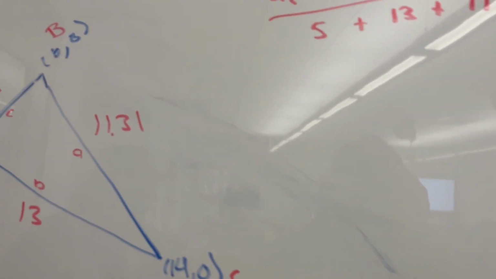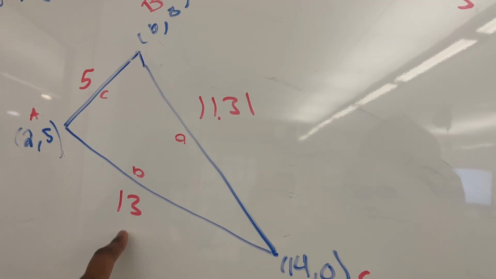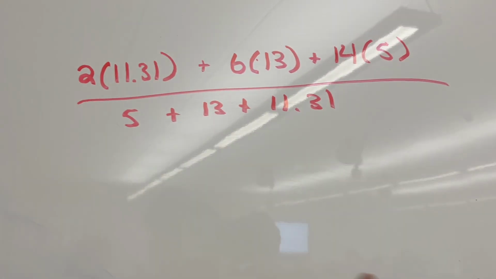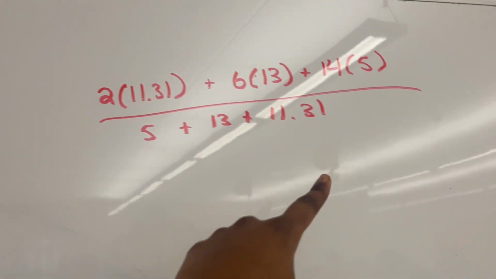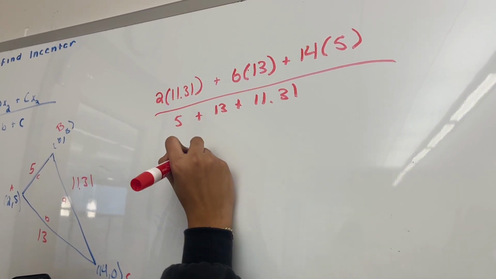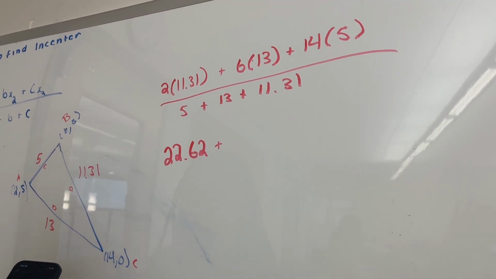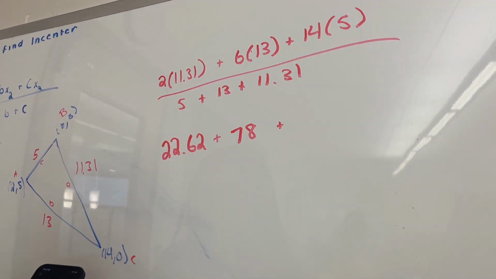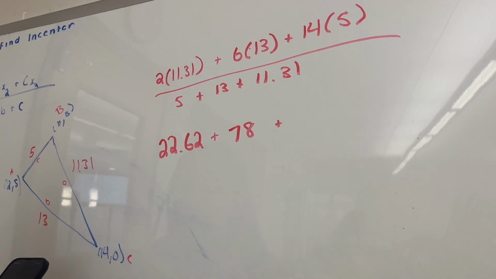Once again, these are the side numbers: 5, 13, and 11.31. This is the incenter formula written out. So 2 times 11.31 equates to 22.62, plus 6 times 13 equals 78, plus 14 times 5, which equates to 70.